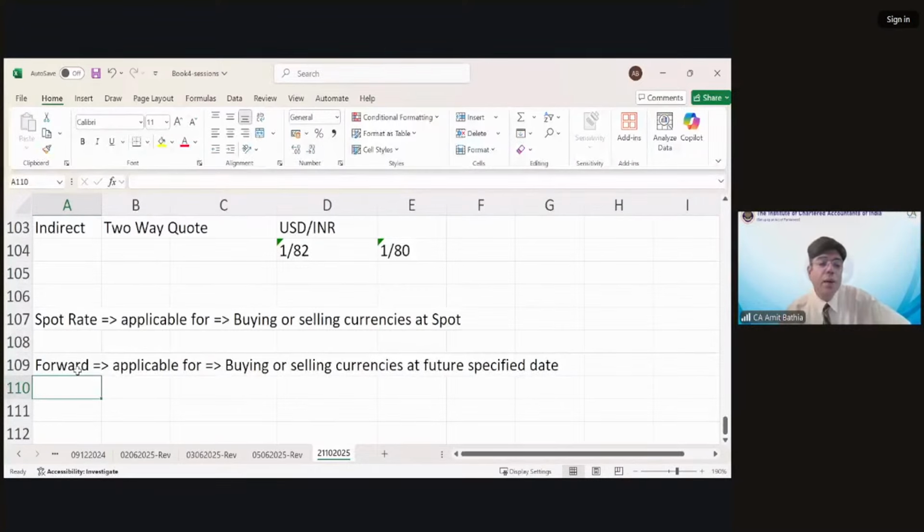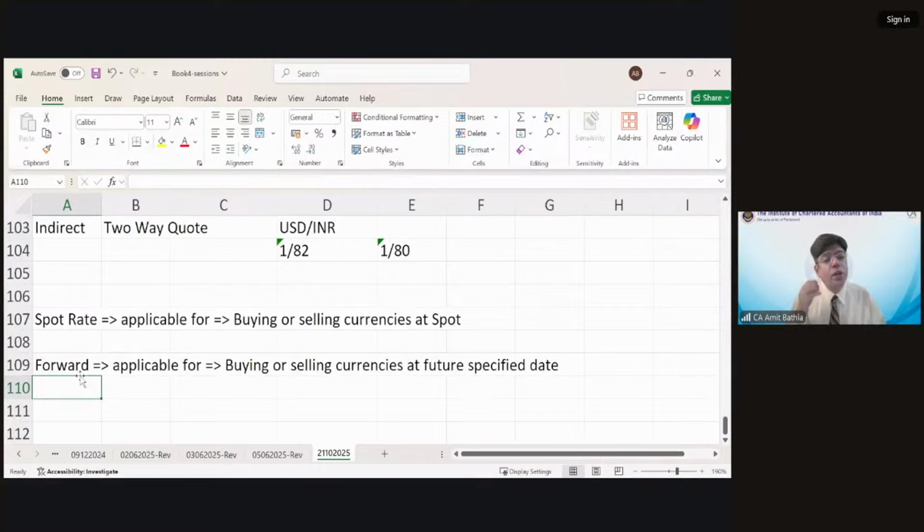Now, remember, I go to the bank today and tell them I would need $100,000 because I have a certain liability to pay in future, maybe 6 months down the line. So what is the forward rate today? They will give me a forward rate, which is nothing but an expected spot rate, based on their methodology or expectations.